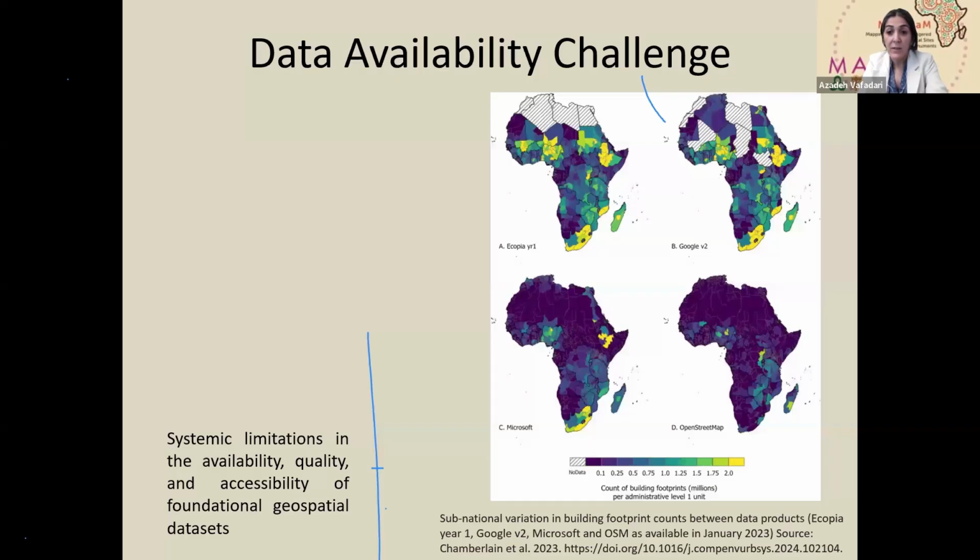Differences also exist between the 4 building footprint data products as of January 2023 in terms of their availability and licensing. While all building footprint datasets are conceptually trying to represent the same thing, analysis shows that for African countries, the available building footprints differ considerably in their representation of buildings, with big differences in data products between countries and across urban rural contexts. This creates a situation where end users need to be aware.